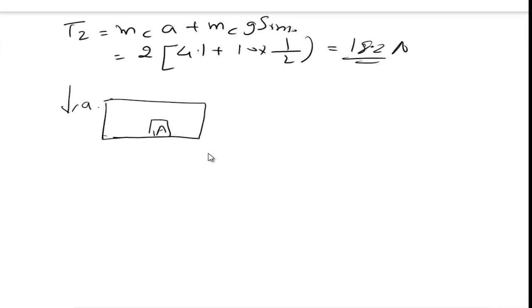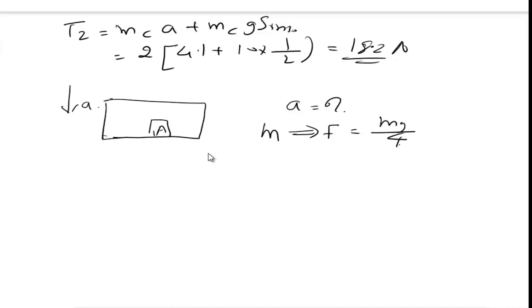What should be the acceleration of the box so that the block of mass m exerts a force of mg by 4 on the floor of the box? So here the mass m exerts a force of mg by 4 on the ground. Then we need to find out the acceleration.